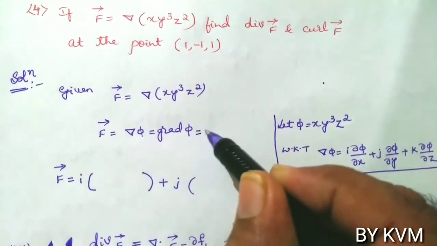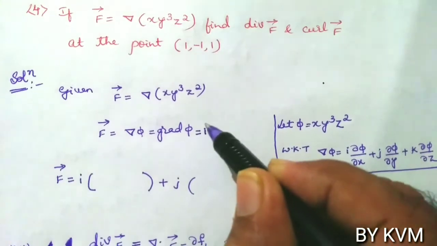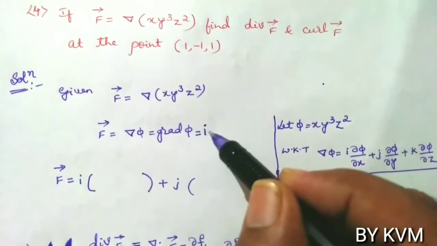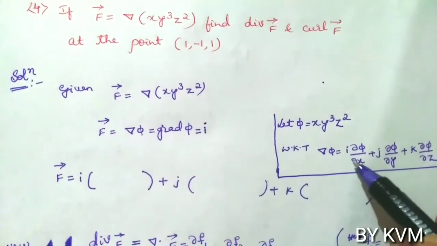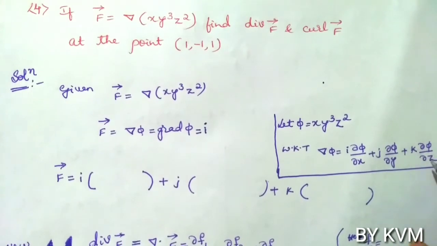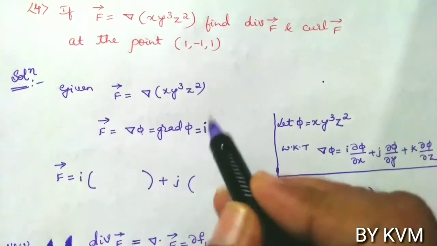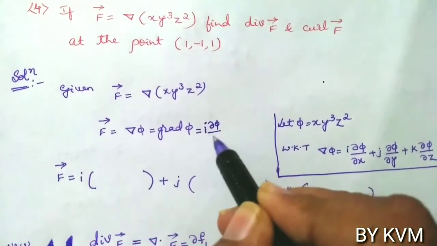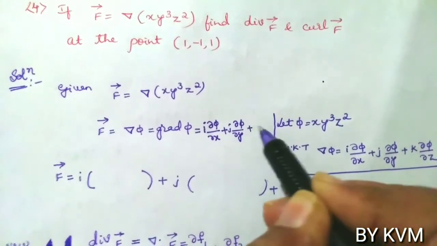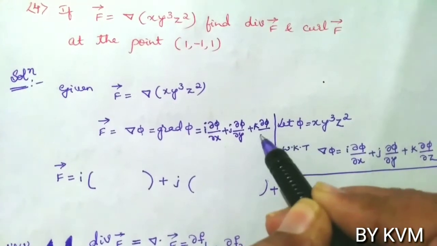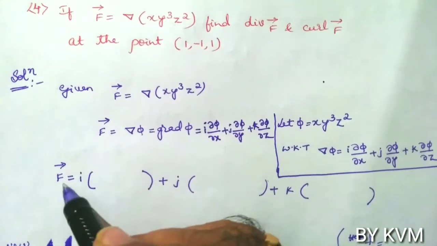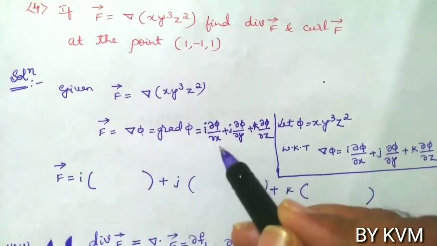So del phi is i into ∂phi/∂x plus j into ∂phi/∂y plus k into ∂phi/∂z. Now vector f equals i into ∂phi/∂x.